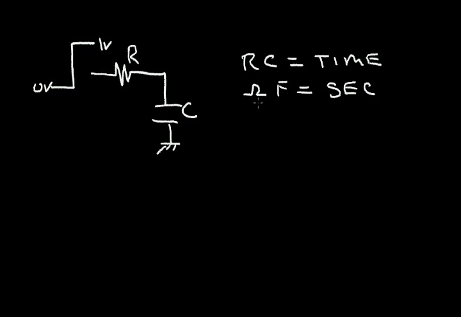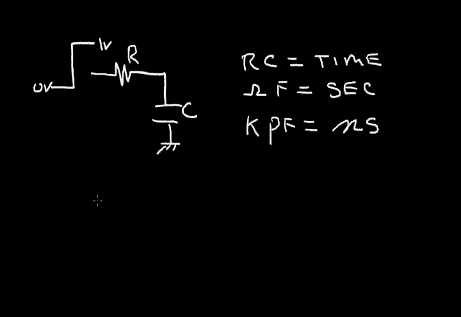If we change the units, instead of ohms, we use k ohms, and instead of farads, we use picofarads, we get a different unit of time. We get nanoseconds. And a nanosecond is a very small unit of time. It's 10 to the minus 9 power seconds. Light travels approximately a foot in a nanosecond, and light travels very, very fast.